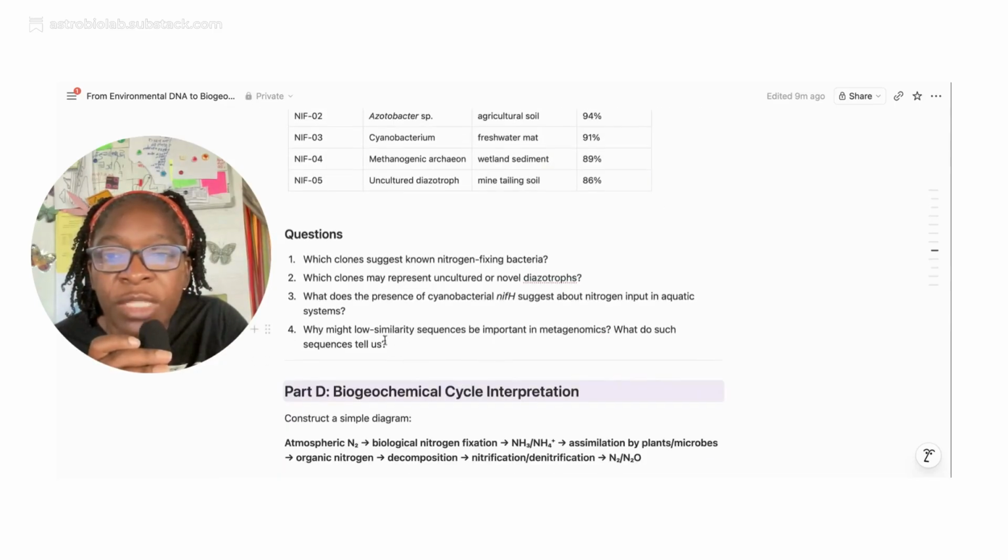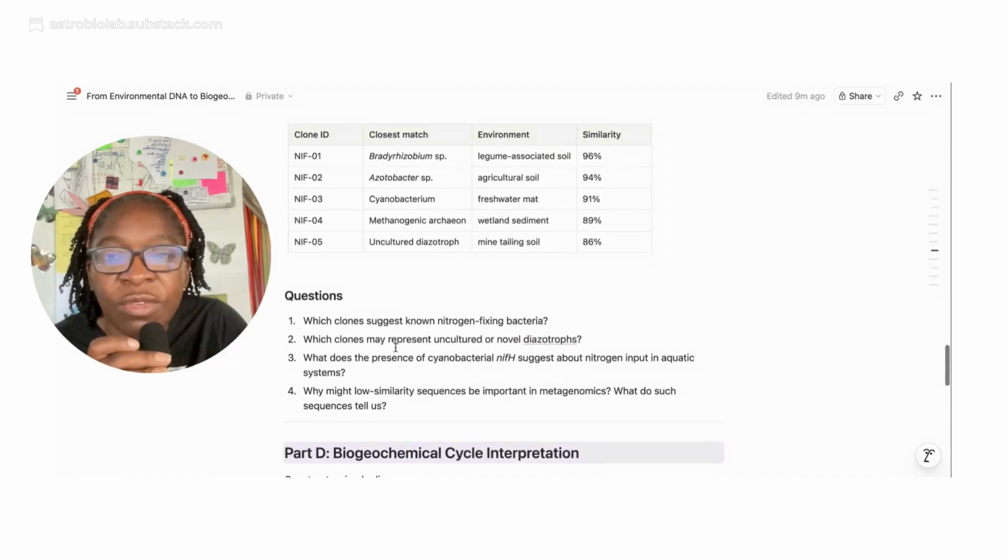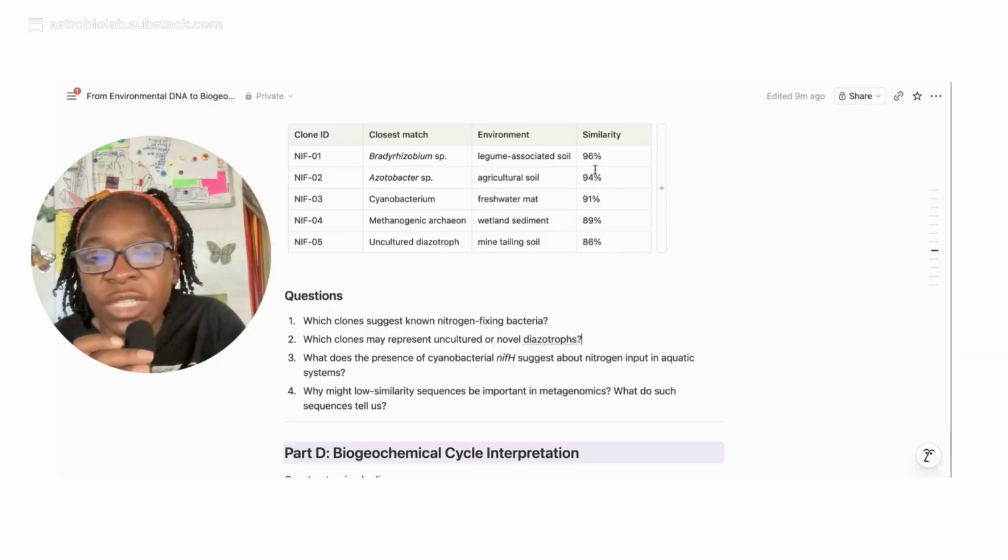And why might low similarity sequences be important in metagenomics? What do such sequences tell us? This is to understand why both types of sequences are important. Sometimes low similarity sequences are there, and you're going to have to understand what they mean. High similarity sequences are similar to what you're expecting, basically, and they sort of tell you a positive story.